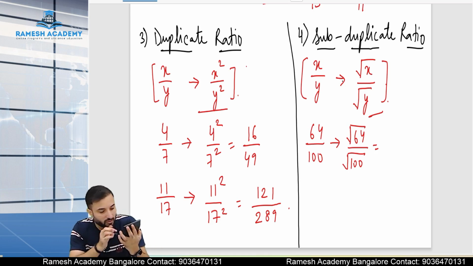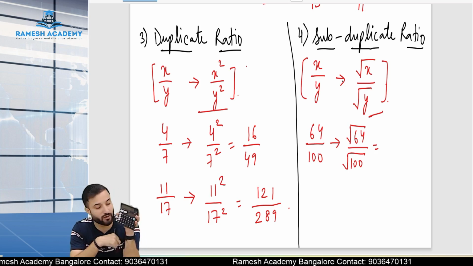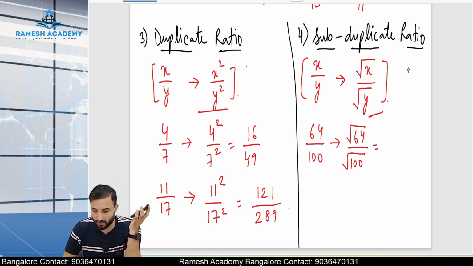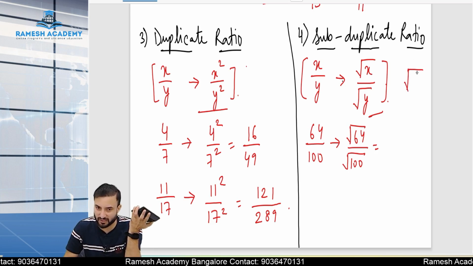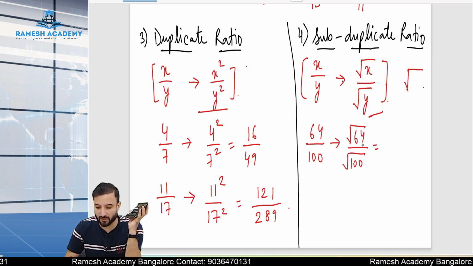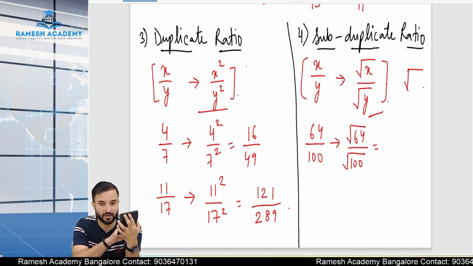Okay. So you will press the 64. After that in the calculator you will see you have a square root button like this. So this button is what? Square root button, everyone knows. So you have to press the number 64 and then press that square root button.